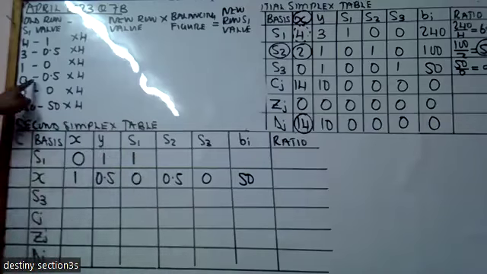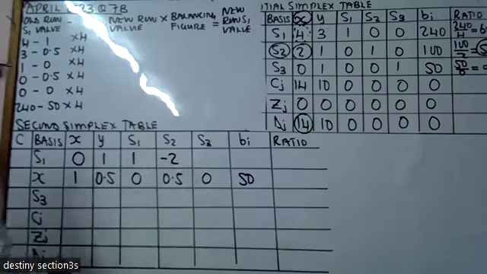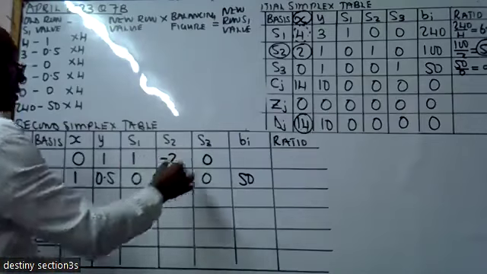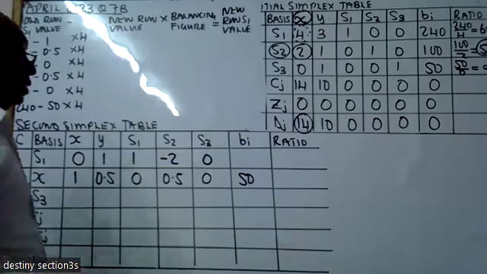The next is 0 minus 0.5 times 4. Negative 2. Next, this one obviously will be 0. And the last one will be what? 240 minus 50 times 4. $40. Good.